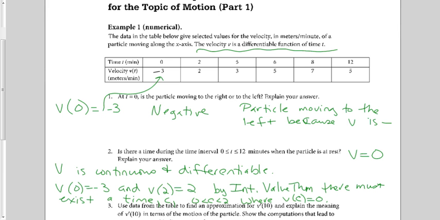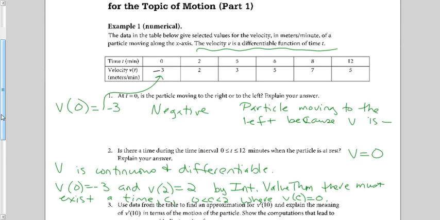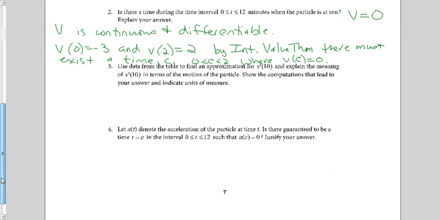There we go. So our velocity changes from negative to positive, has to be continuous, which means somewhere our v has to be equal to 0.